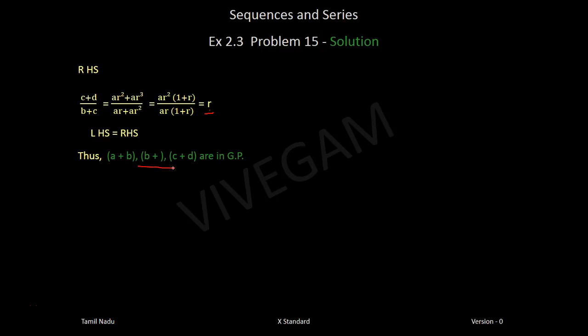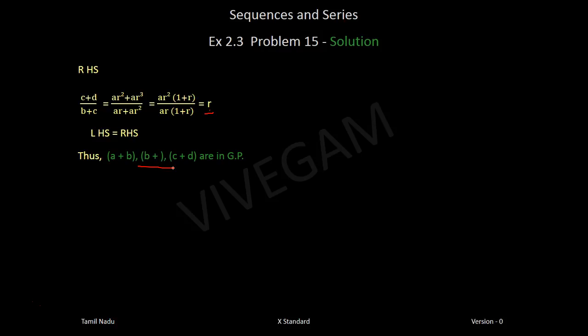Okay, so let me recap. All you need to do is take A as the first term and R as the common ratio, and get the first four terms, which will be A, AR, AR squared and AR cubed. In the given problem they say the terms are A, B, C, D, so you have to equate them. A will remain A. The second term of the series is B, and that will be AR.